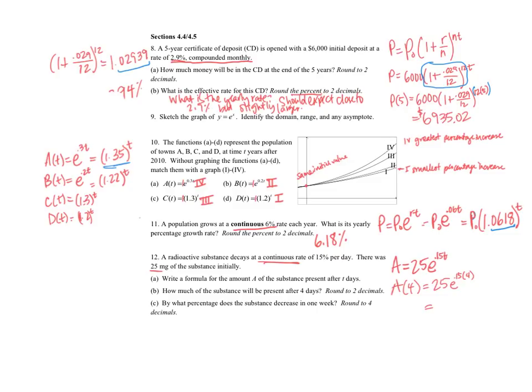And again, you have to be careful here and make sure that you have all of that in your parentheses so that when you compute it, it raises that 0.15 and the 4 both up in the exponent. All right, so I got 45.55. And the units of that are what? Well, A stood for the amount of the substance present, and that's measured in milligrams. So that's how many milligrams of the substance are present.